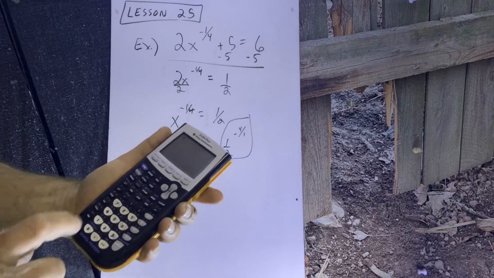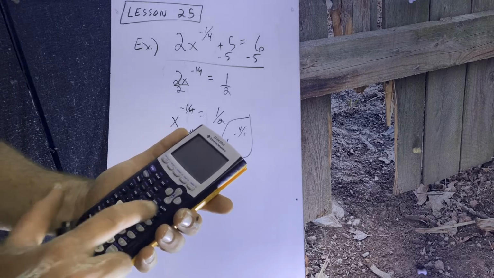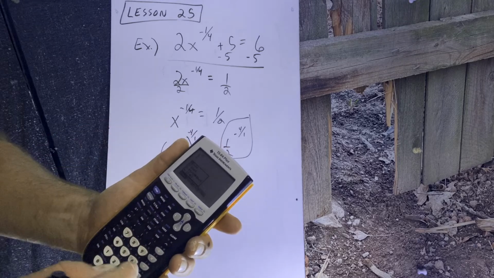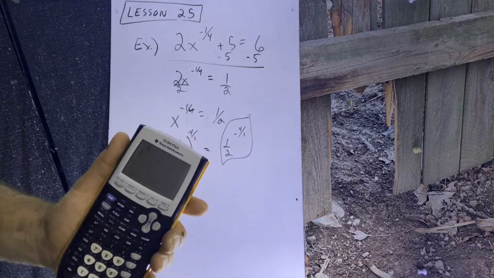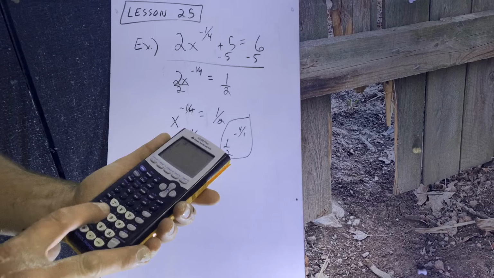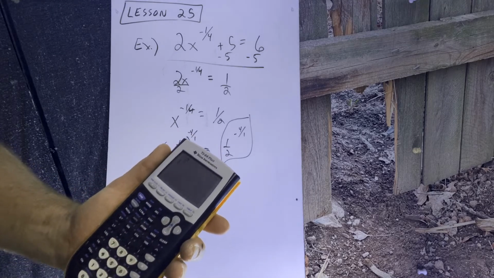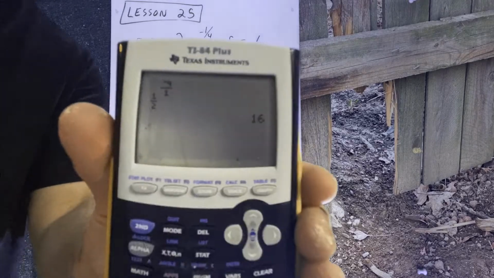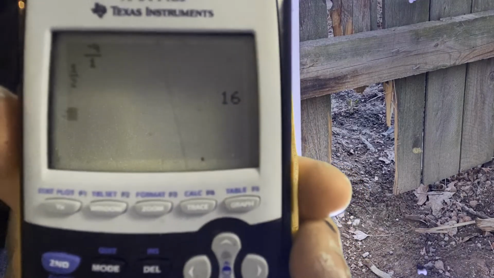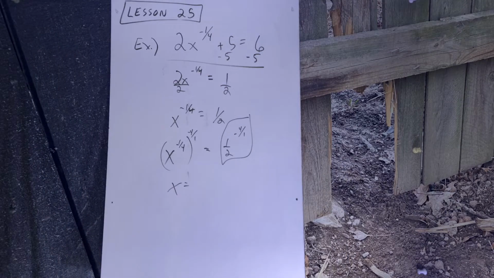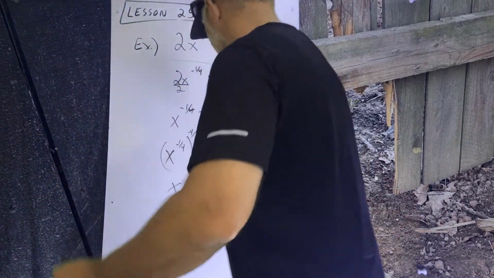We're looking at 1/2, so 1 over 2. And then we want to raise that fraction to another power, and we're going to raise it to the negative 4 over 1, or just the negative 4 is fine, but either way, you get 16. So there's the calculator work. So the final answer here is 16.